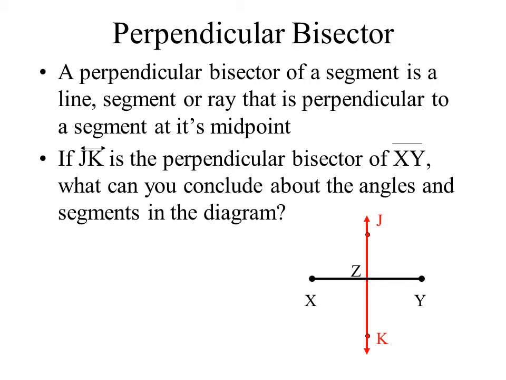Well, if you remember, if it is perpendicular lines, they always form right angles, so I know that each one of these angles has to be 90 degrees. And if you remember that a bisector always cuts something into two equal pieces, so I know that segment XZ must be congruent to segment ZY.